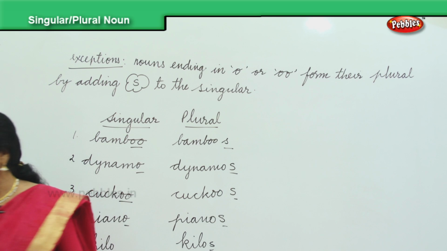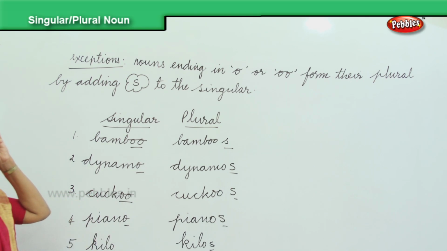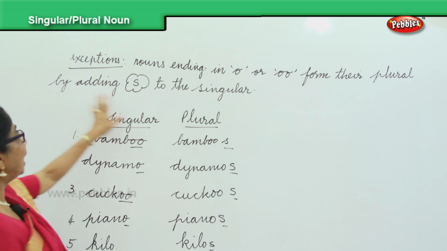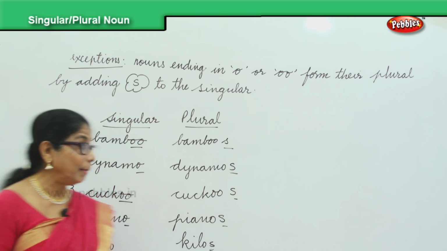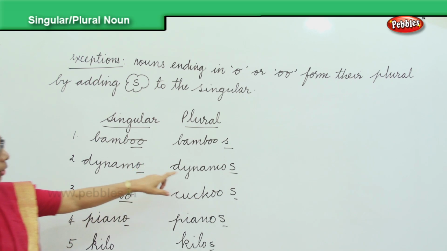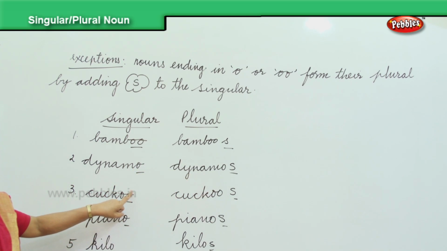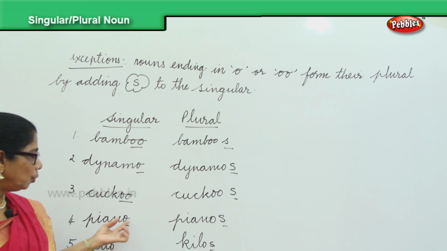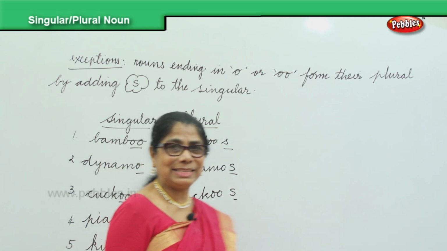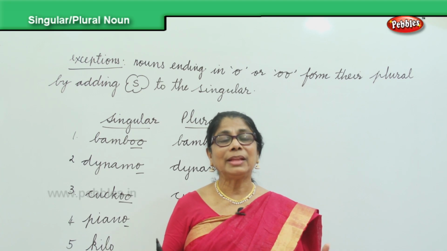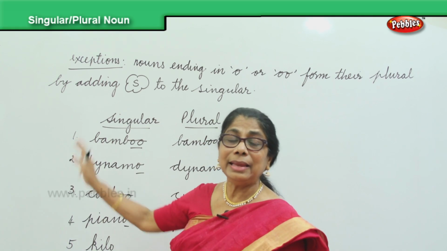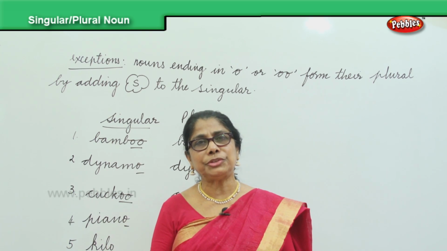So, here is the exception to the rule: nouns ending in O or double O form the plural by adding S to the singular. It's very easy to remember. Bamboo? Bamboos. Dynamo? Dynamos. Cuckoo? Cuckoos. Piano? Pianos. Kilo? Kilos. When we do sentences, when you are reading, when you are writing, it will come automatically. Only practice will help us in remembering all these exceptions to the rules.